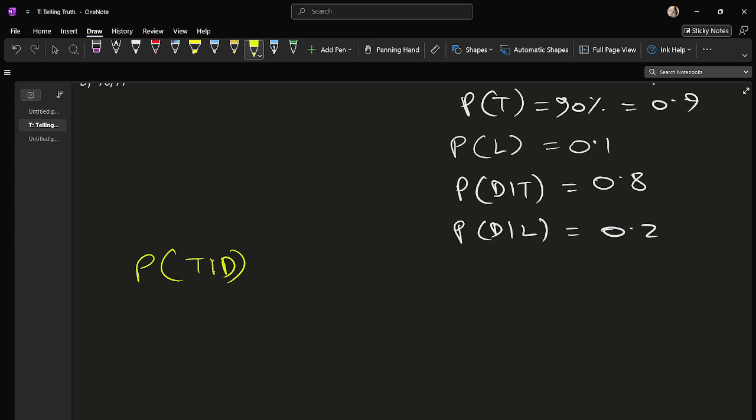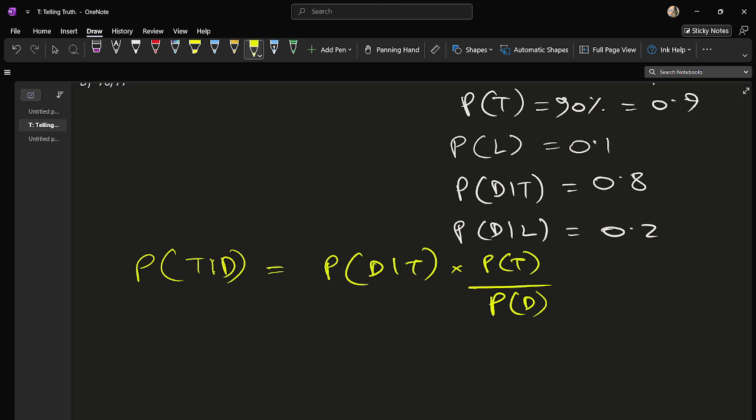Now we are going to use the Bayes theorem. P(T given D) equals P(D given T) into P(T) divided by P(D).